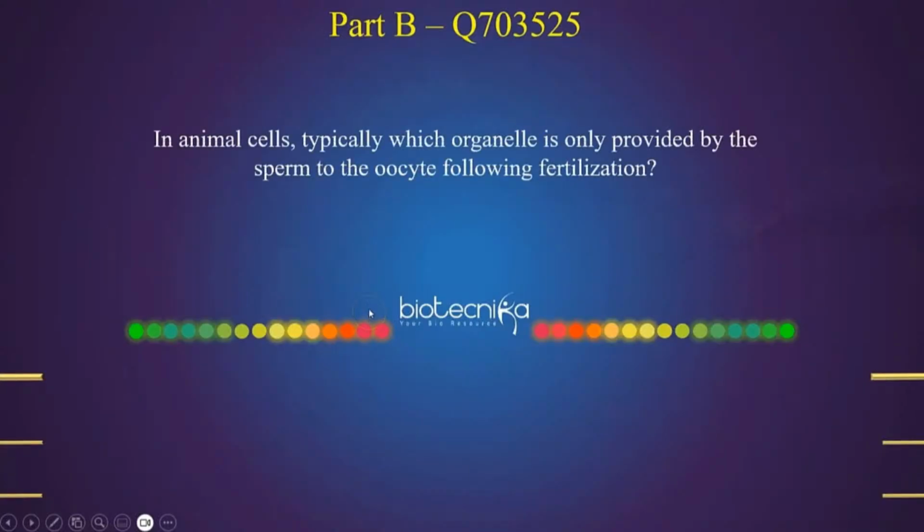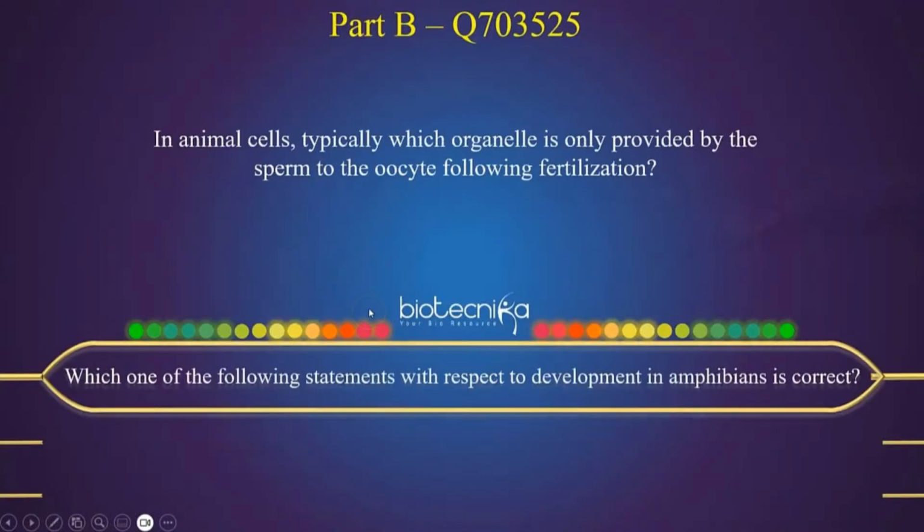The first question was actually a combination with unit 2, I would say. In animal cells, typically which organelle is only provided by the sperm to the oocyte following fertilization? Okay, so here the keyword, as you know in CSIR the keywords are important, is "only", which is not contributed by the oocyte.